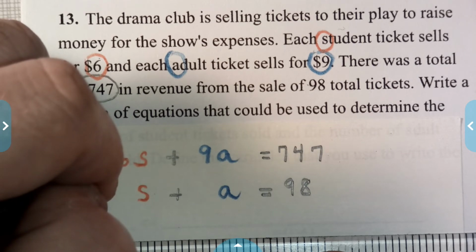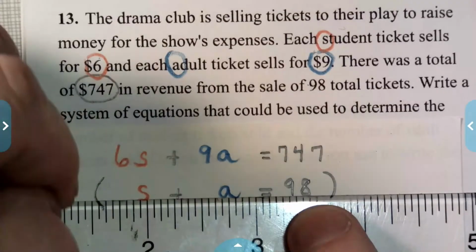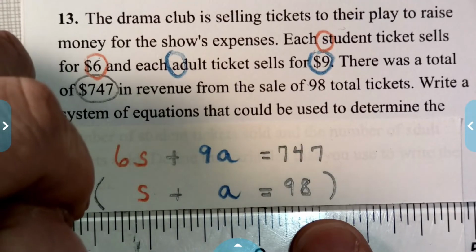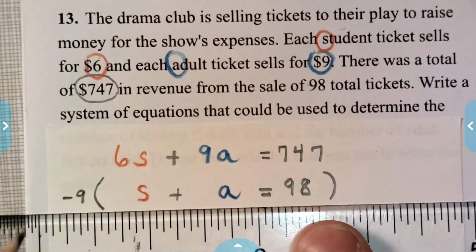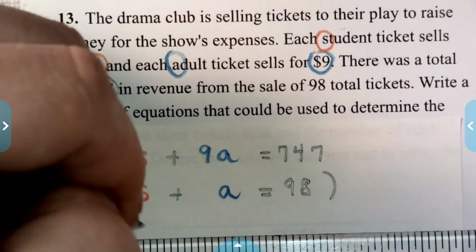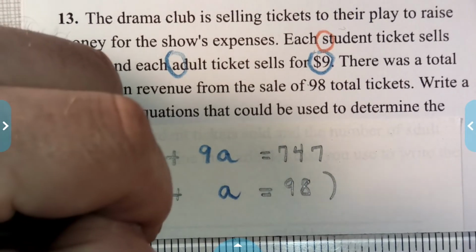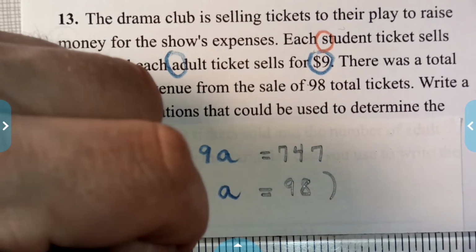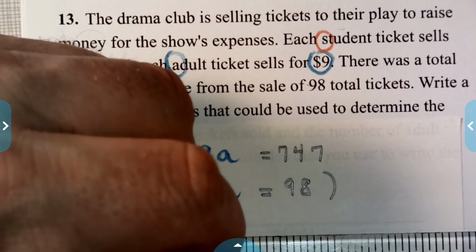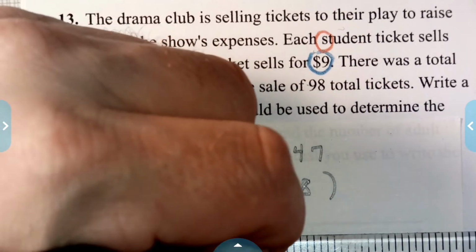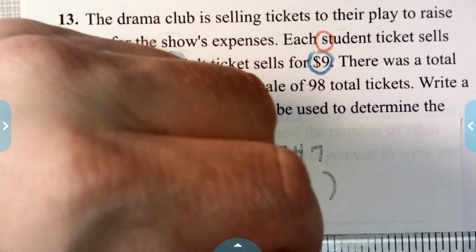Okay, so let's rewrite. I'll have 6S plus 9A equals 747.